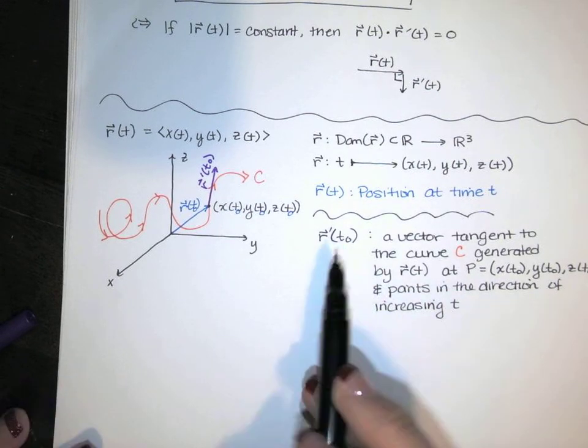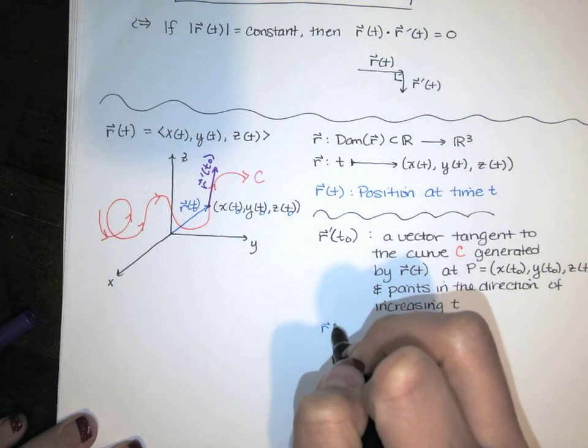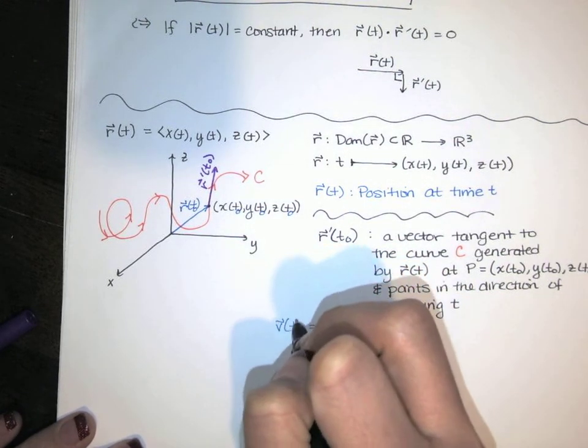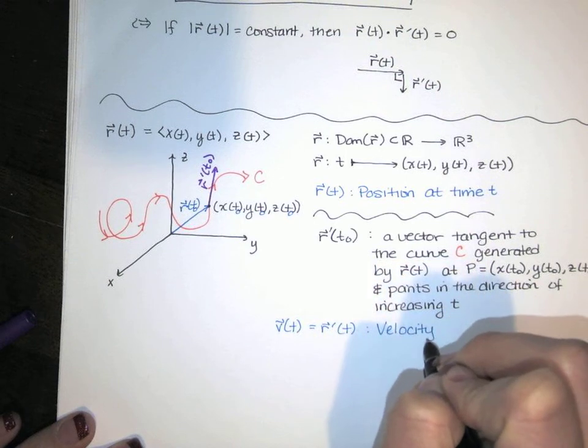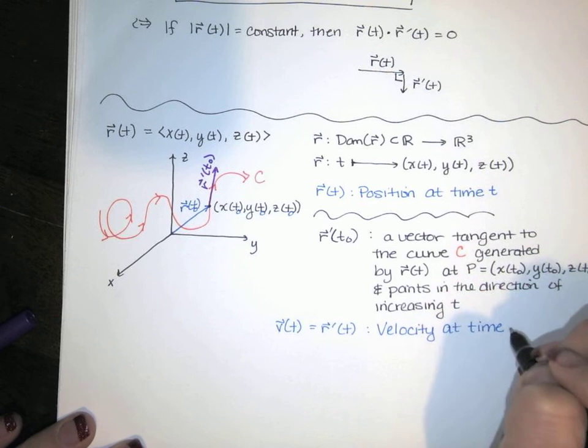So we also said if r of t is position at time t, its derivative is the velocity at time t. And of course, if I plug in t naught, I can find the velocity at a particular t.